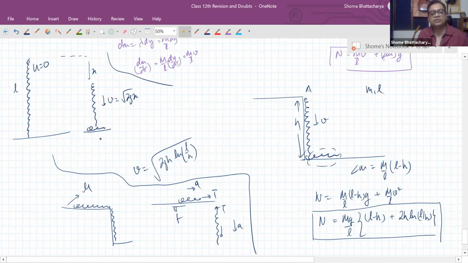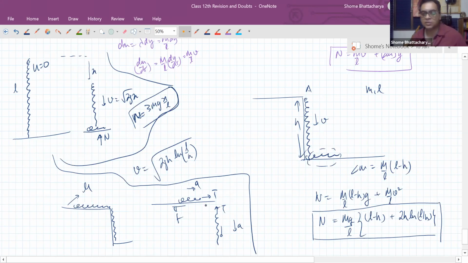And at that point of time, your normal reaction, if you calculate this version of the question, becomes 3 times mgx by L. It becomes 3 times the weight of the portion which is on the ground. So it's like 3 times delta mg, because that v square term gives you double the weight of the portion on the ground. So these two extra versions of this question you can try out. This is an important thing in application of impulse momentum and center of mass.